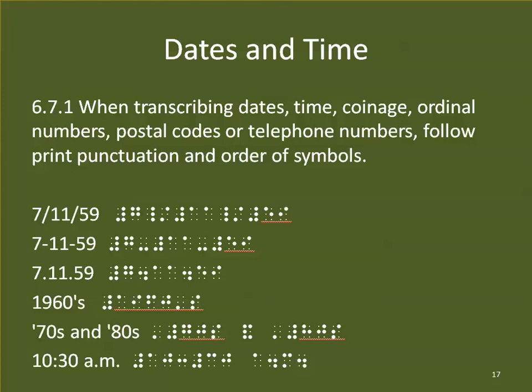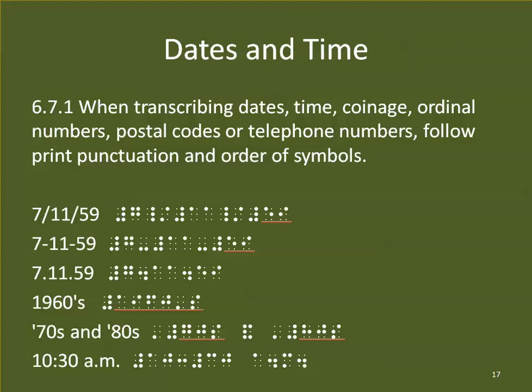However, if you have 70s and 80s, then you need the apostrophe representing the missing numbers outside of the numeric indicator, because the apostrophe does terminate numeric mode. So we wouldn't want to have a numeric mode indicator and then immediately stop it with an apostrophe. So that is outside of the numeric mode indicator. And that's just like Nemeth, for you Nemeth people out there.